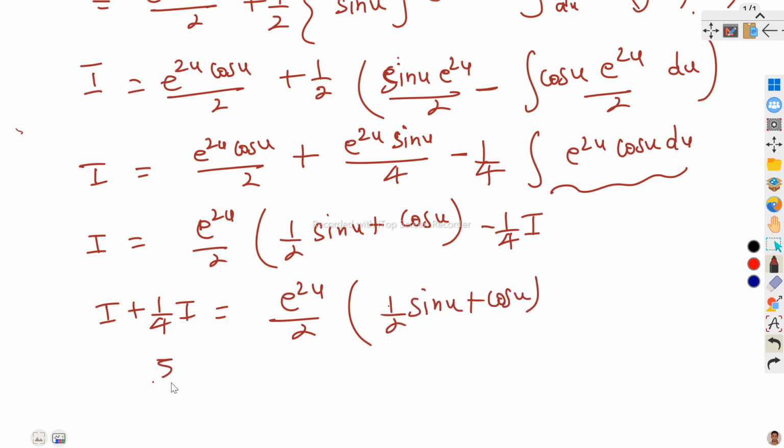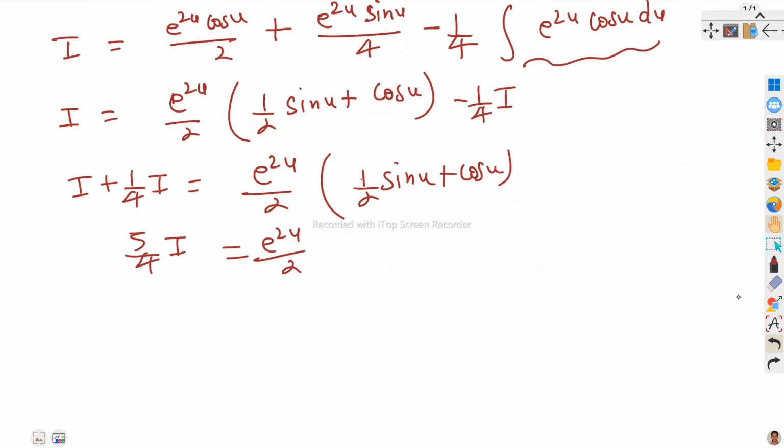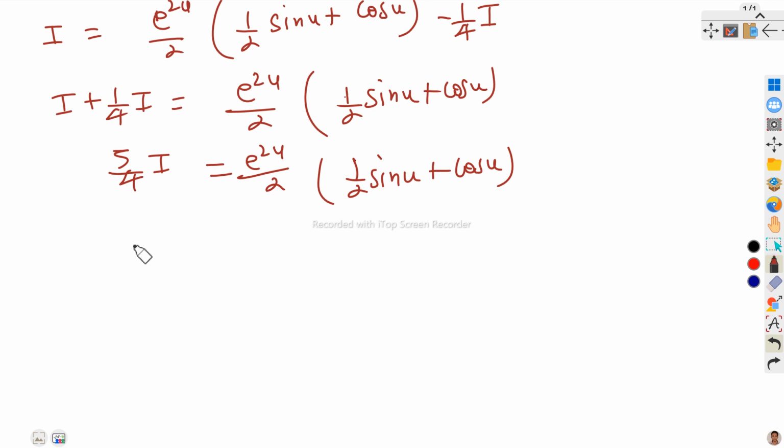So the value of I is 2 upon 5 e raised to power 2u times (1 upon 2 sin u plus cos u).